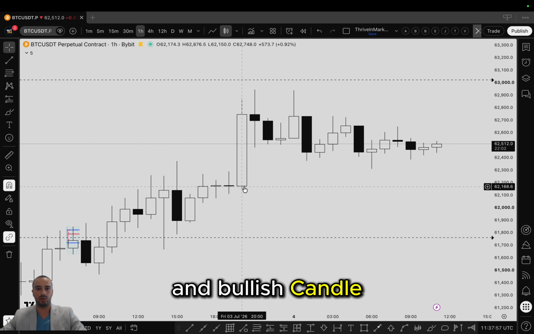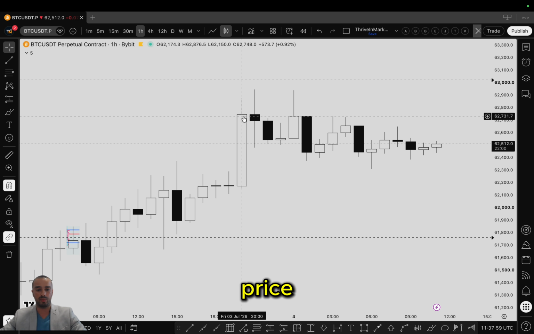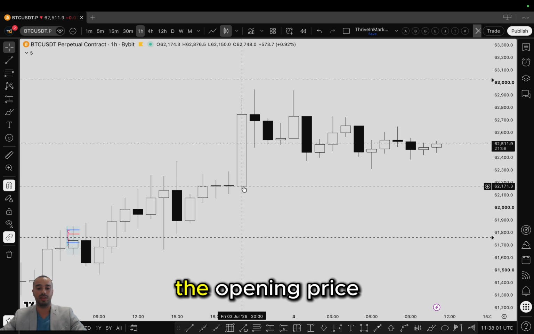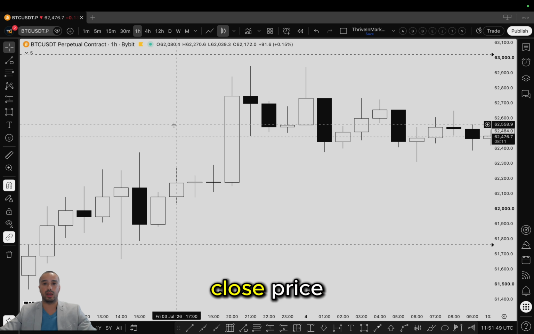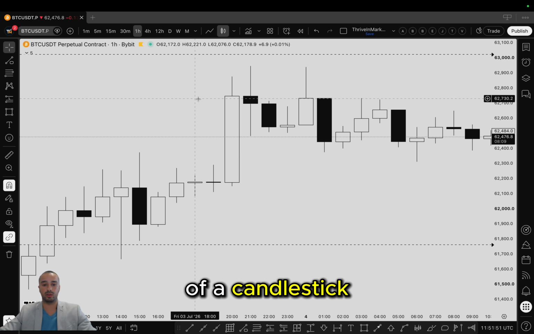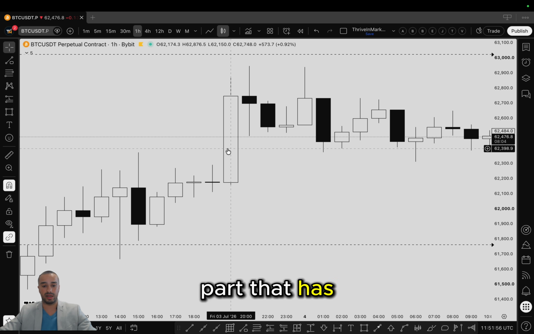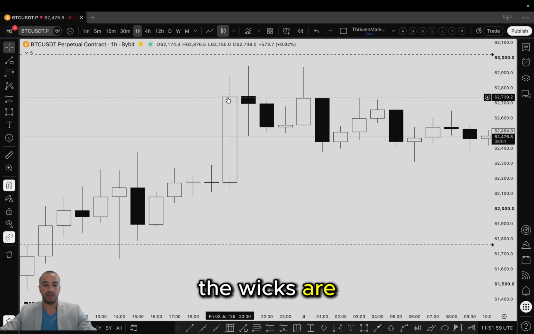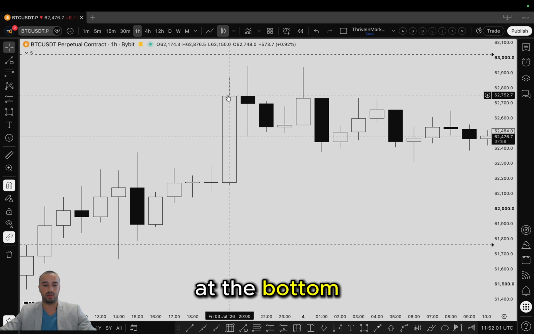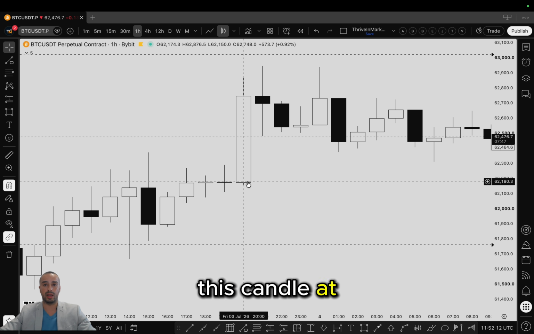A bullish candle means the closing price is higher than the opening price. The open and close price of a candlestick is represented by the body, which is the part that has thickness. The wicks are the small lines at the bottom and at the top. This candle at 8 p.m. opened at 62,175 USD.